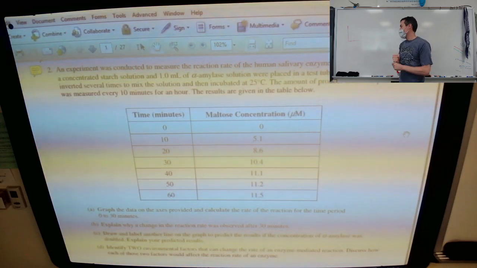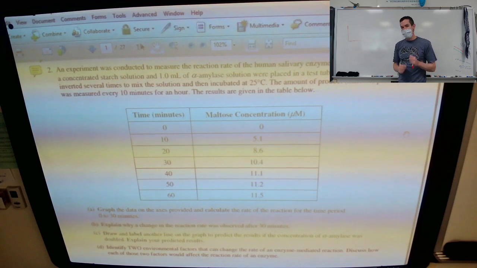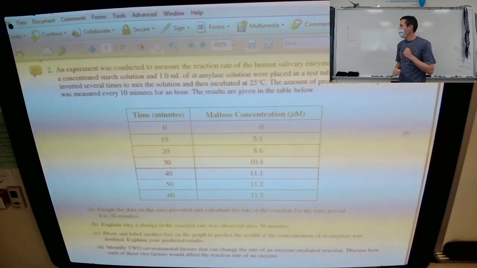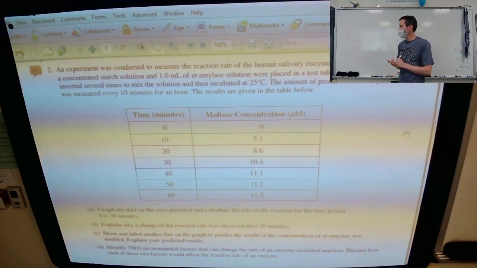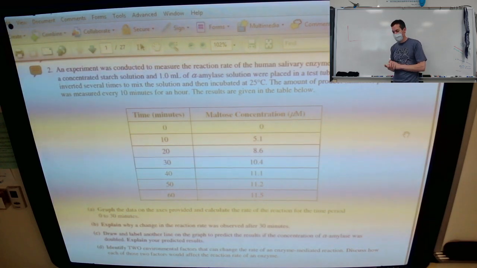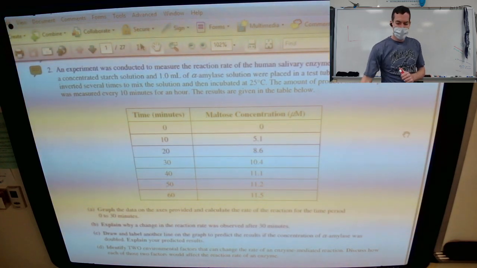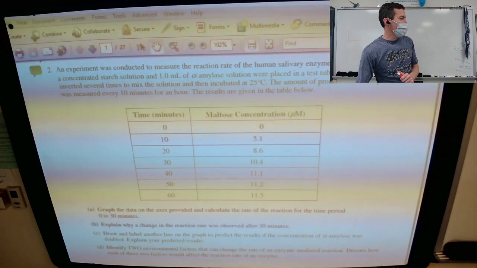The likelihood that they have you calculate the rate of something is almost a guarantee. Shrink my picture just a little bit here.